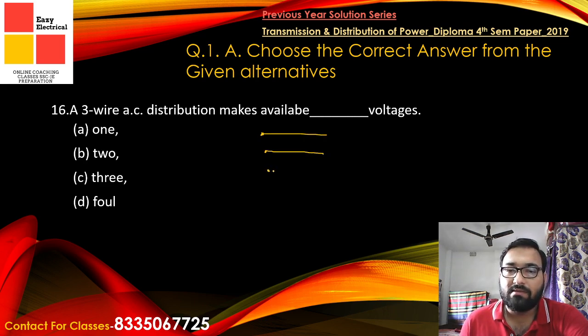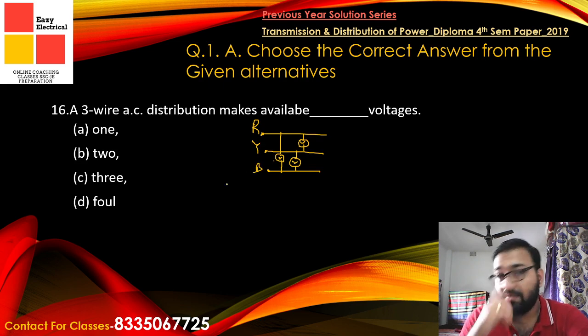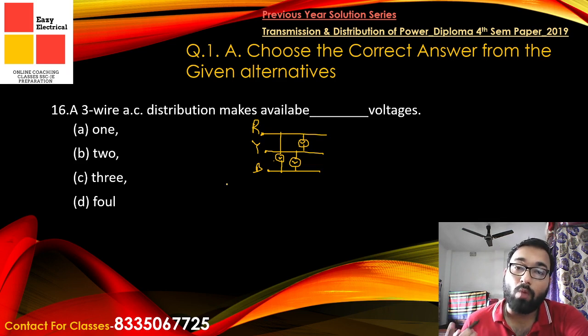For a three-phase system, if we use three wires and connect voltmeters between them, suppose these are R, Y, and B, all those readings will be the same. They will give the line voltage of the system. So we can get only one voltage using a three-phase, three-wire system.